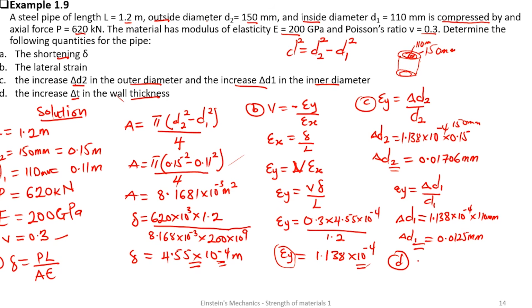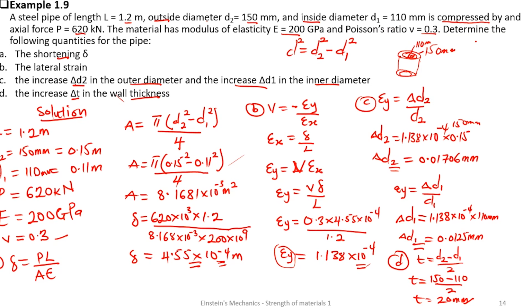We take the higher diameter, diameter 2, minus the first diameter, all over 2, to give us the thickness. So our thickness T is 150 millimeters minus 110 millimeters all over 2, which is 20 millimeters.